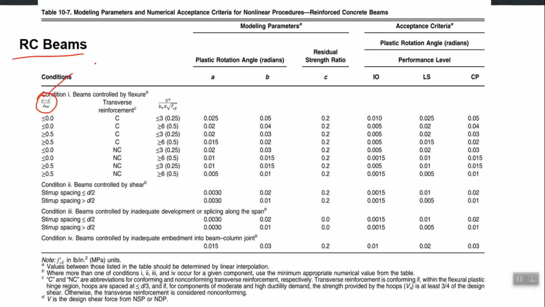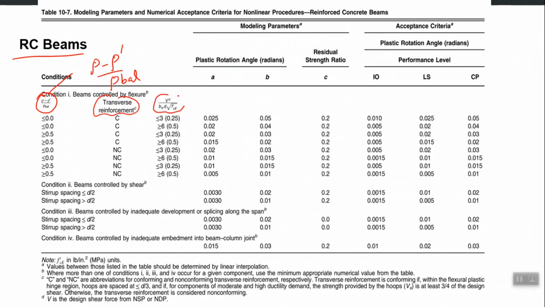This factor is rho minus rho prime over rho balance. We will not go into their detail, but this is a parameter related to the amount of steel in a particular RC beam. Then your transverse reinforcement, whether it is C or NC, C means conforming, NC means non-conforming, and I will show you in the next slide what it actually means.